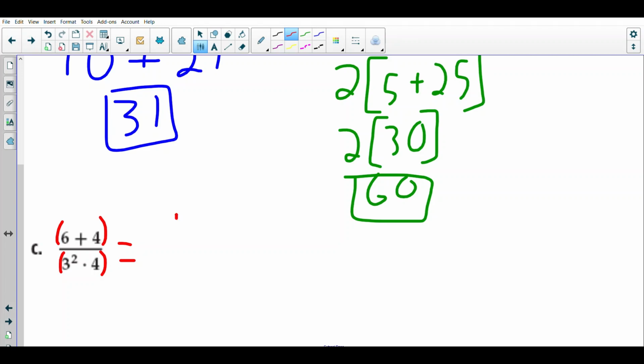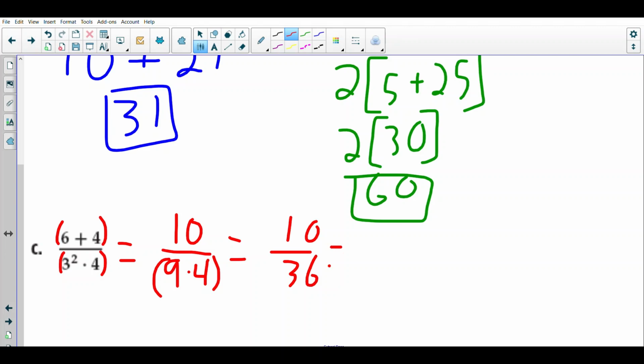I can do the top first, I get 10, and then the bottom, well, I got parentheses telling me to do inside, but I got an exponent, so I have 9 times 4. So then I do the bottom again first, so I get 10 divided by 36, and then I can reduce my fraction and get 5 over 18. Okay, so I'm still following all the parentheses or PEMDAS order.